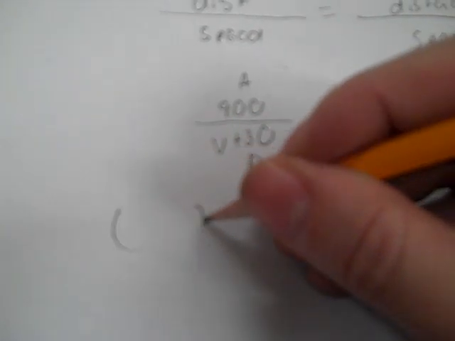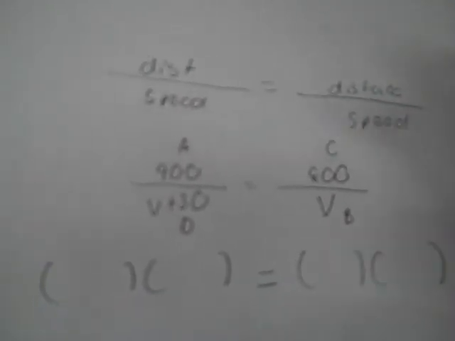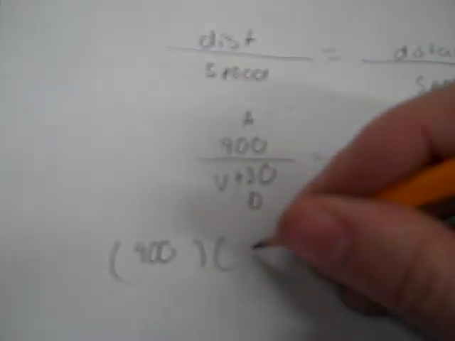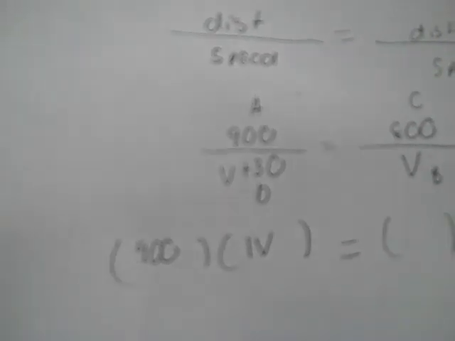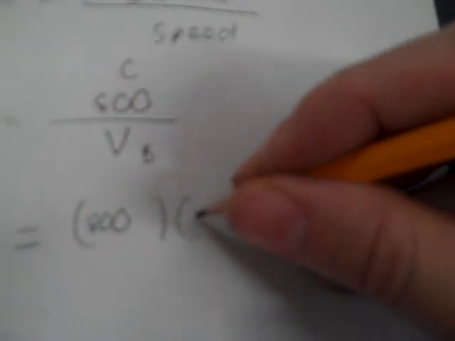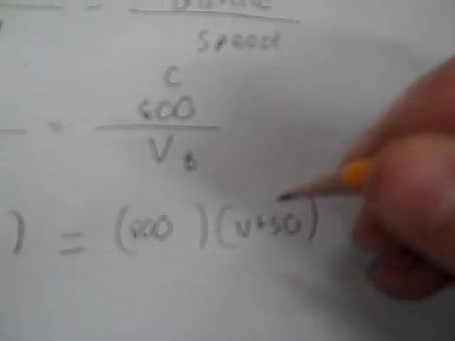There's no LCD. I just look at A, B, C, and D. I know that A times B is going to equal C times D. So A is 900 times the B, which is V. C is 800 times V plus 30.